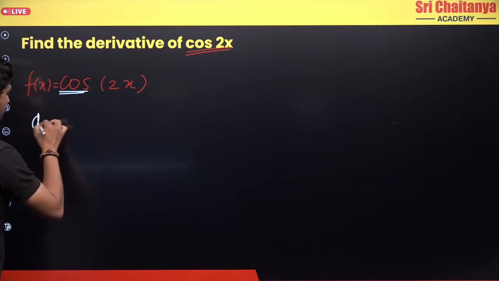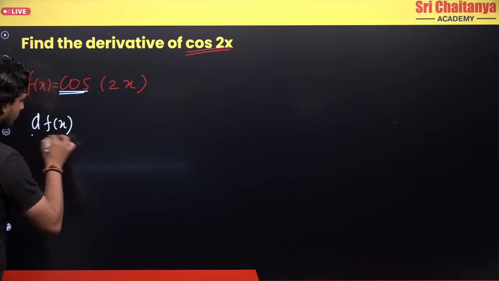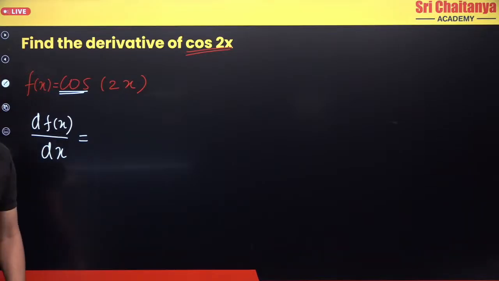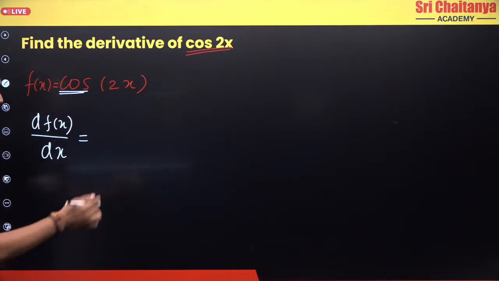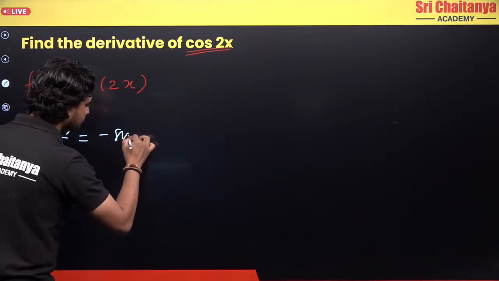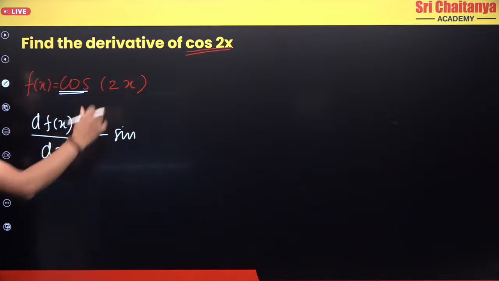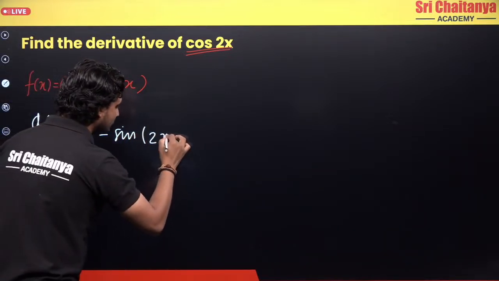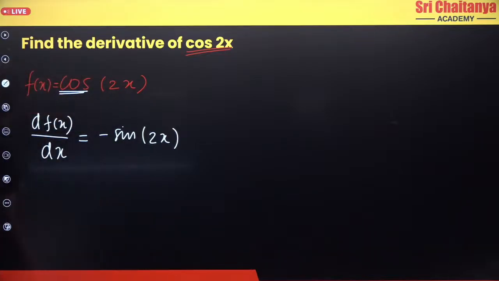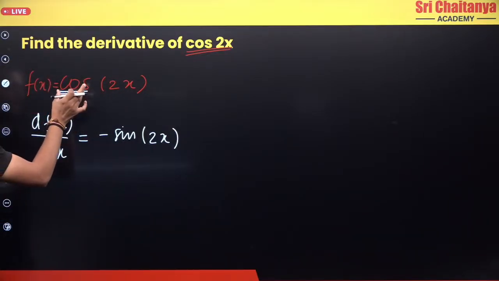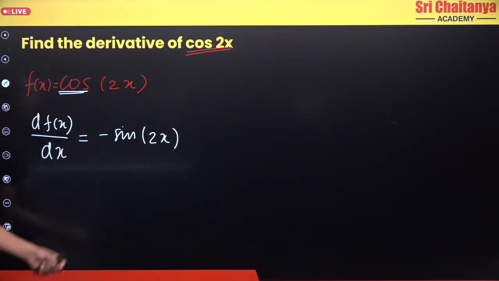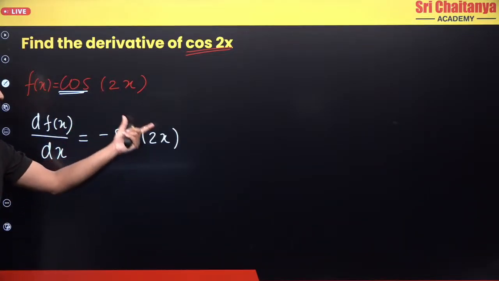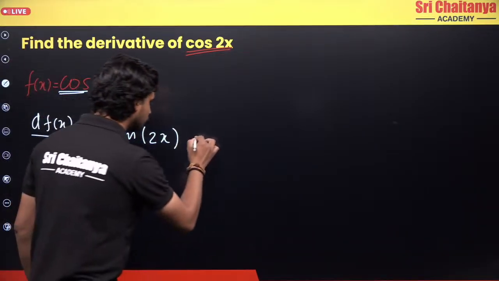I know the differentiation of cos is minus sine, so I'll write minus sine, and the inside function is written as it is: minus sine 2x. We first took the outside function and differentiated it, and the inside is written as it is, multiplied by the next step.